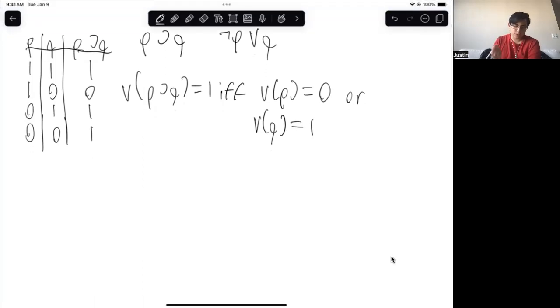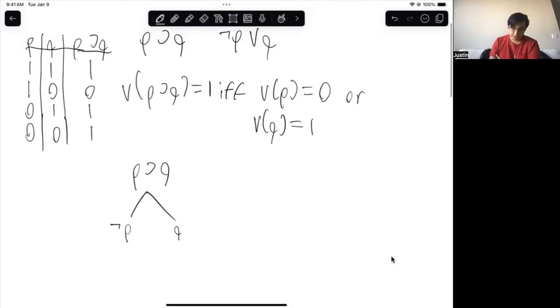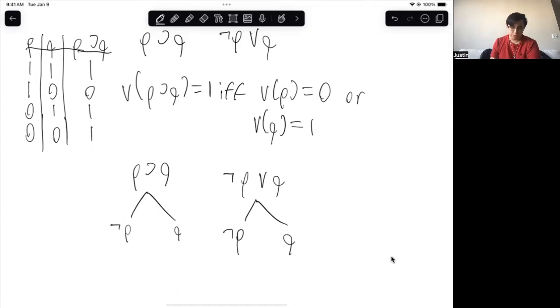And then again, the truth tree method translates this to this. Since one of these two has to be true, there's a split in the road. So it's either not P or it's Q. And this is the same for this here: either not P or Q.